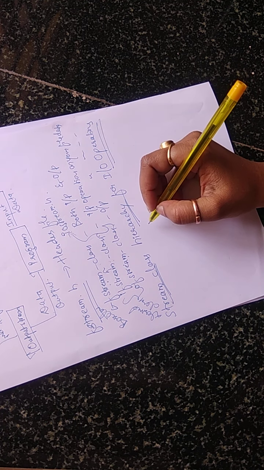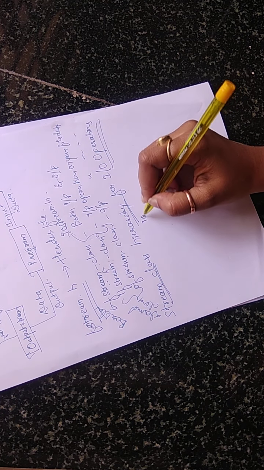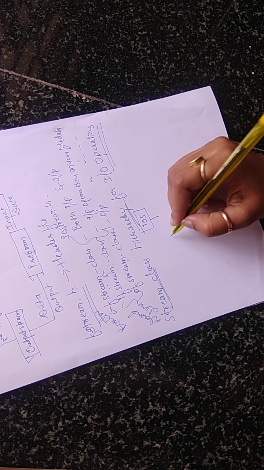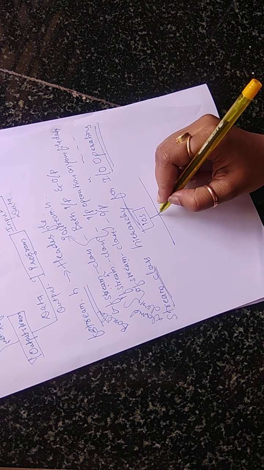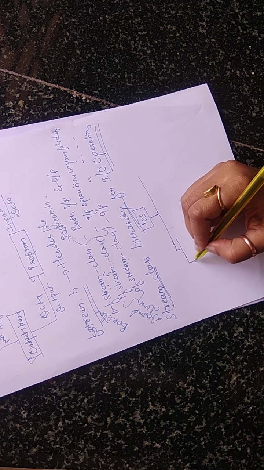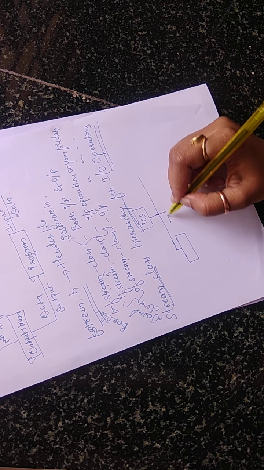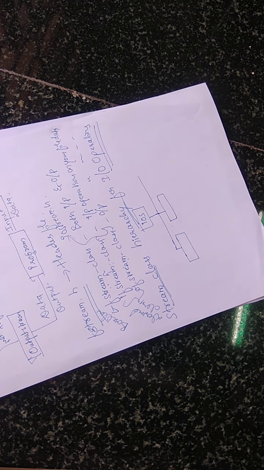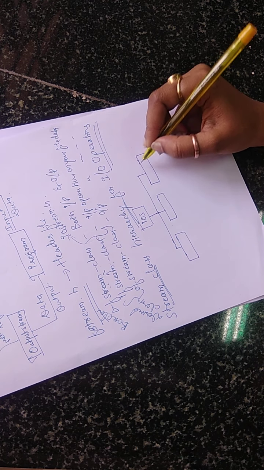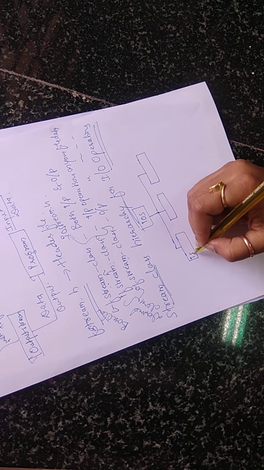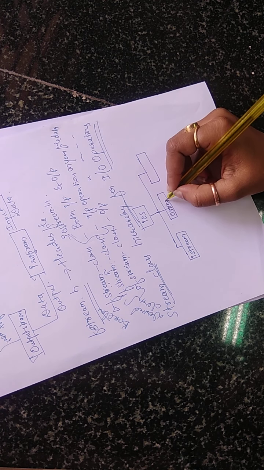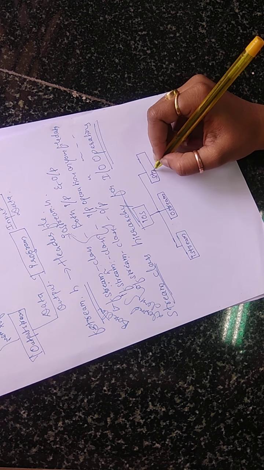At the top we have IOS, that is input-output system, or you can call it input-output stream. Next come three boxes: this is I stream, this is O stream, and this is stream buffer.